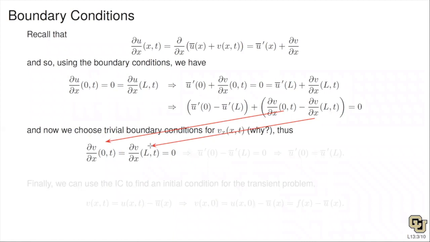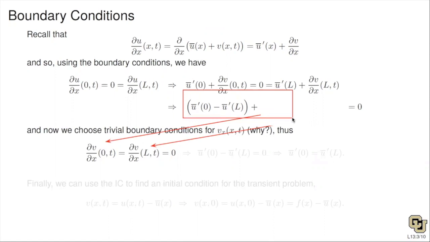Okay, here's the part that's different, that might be unexpected. Let me be very explicit about this. When we set partial v at 0 and L equal to 0, this term disappears completely. And now we have the equation u prime of 0 minus u prime of L equals 0.